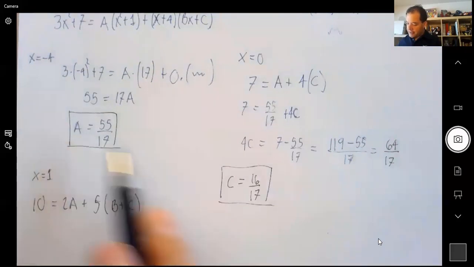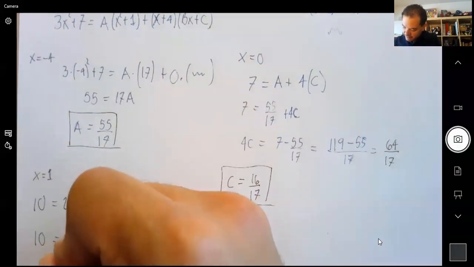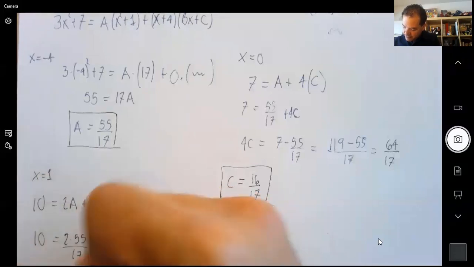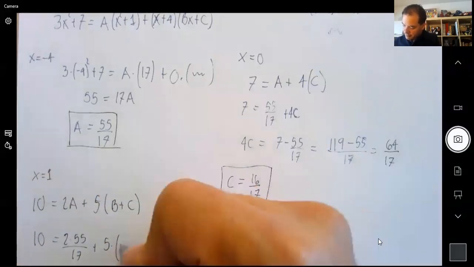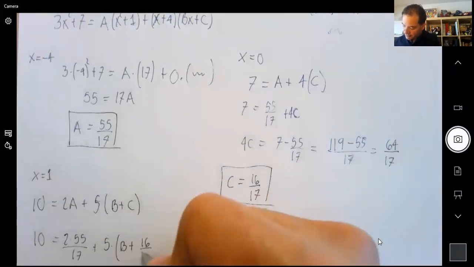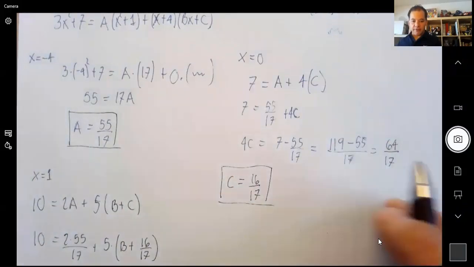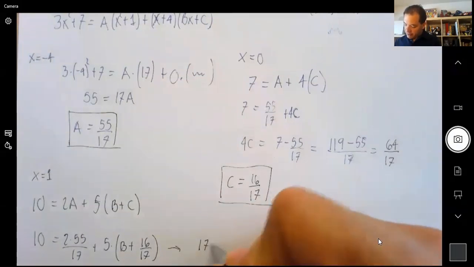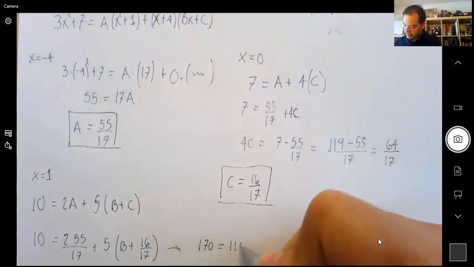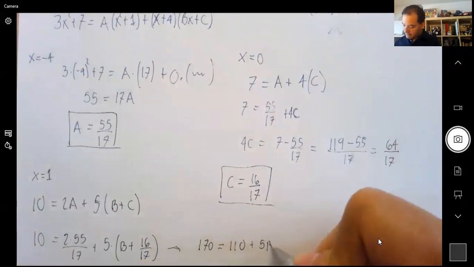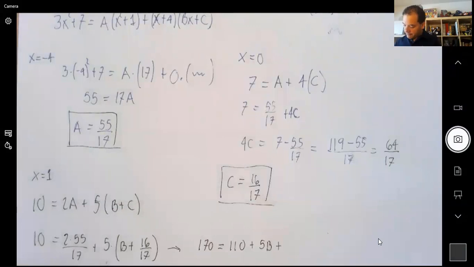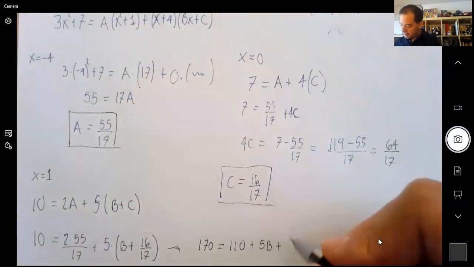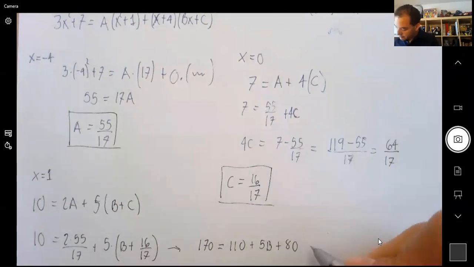And then you plug a and c: 2 times 55 over 17 plus 5 times b, which is the one we don't know, plus 16 over 17. Then I'm going to multiply by 17. So it becomes 170 equals 110 plus 5b plus 5 times 16, which is 80.